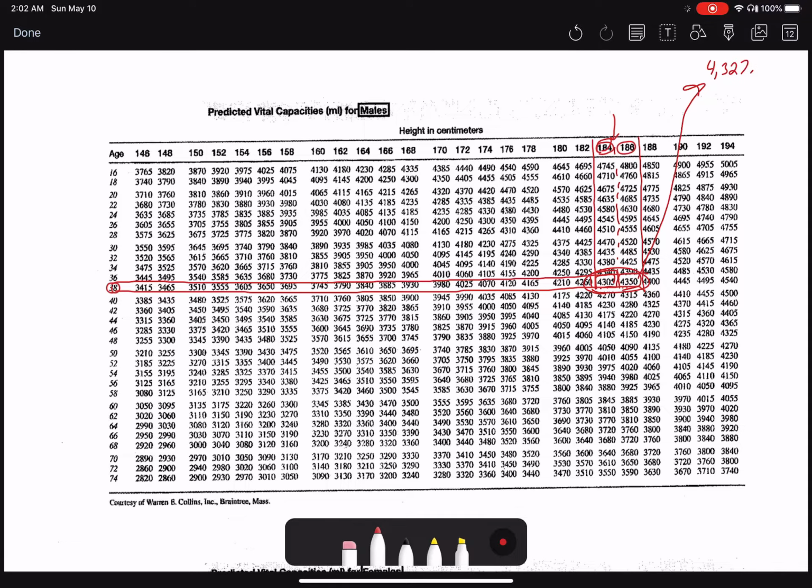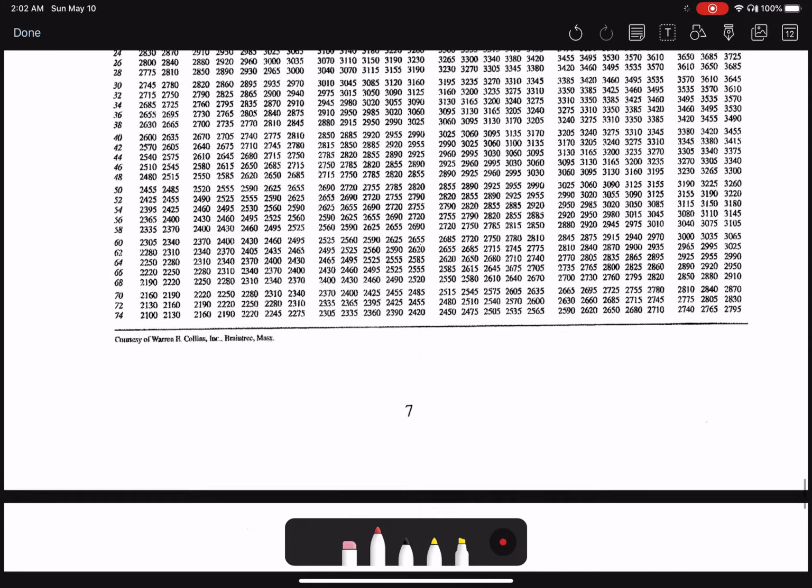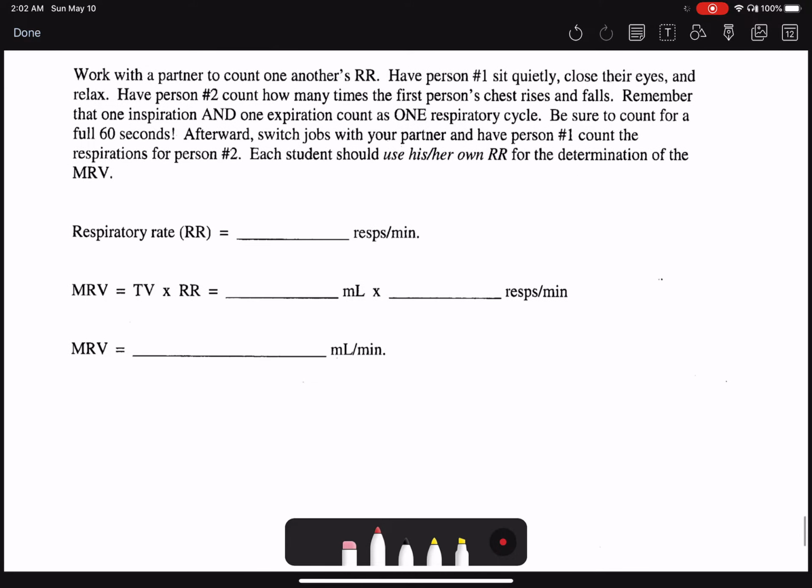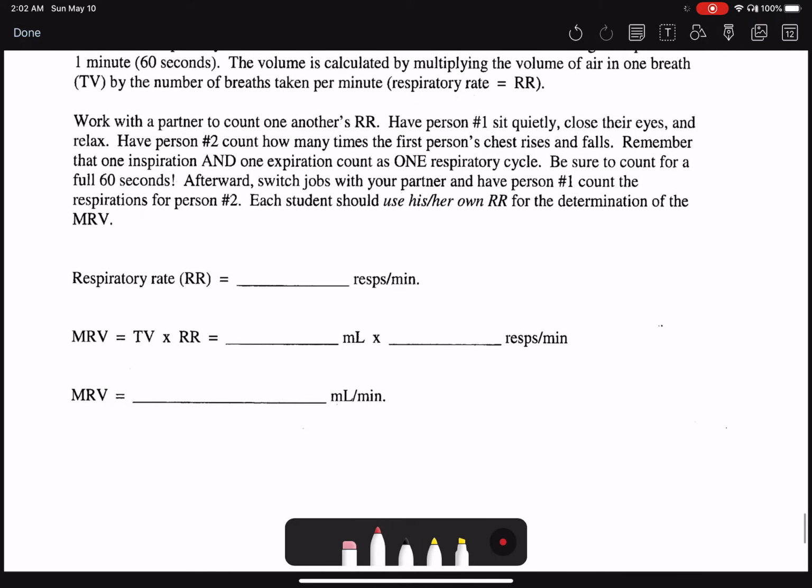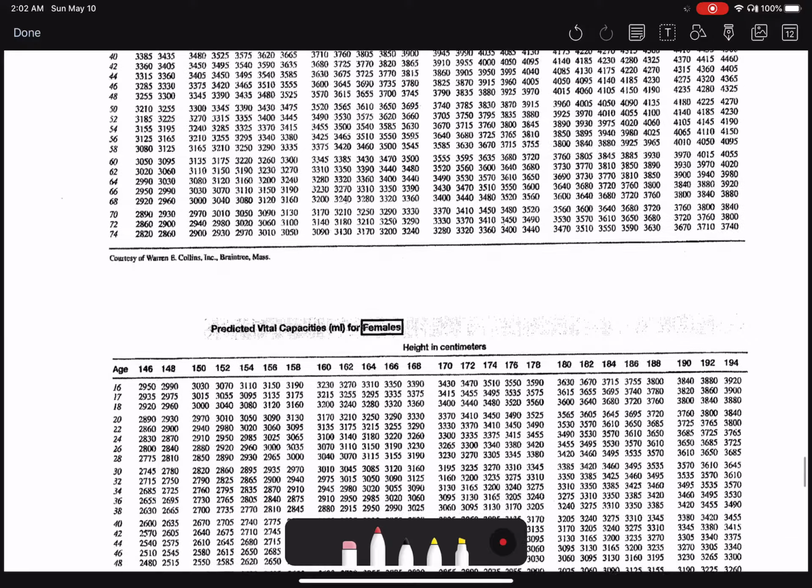So that's quite a ways off from the first method, which estimated my forced vital capacity at 5,000 milliliters. Now it's 4,327.5 milliliters. So in order to find the best estimate of my forced vital capacity, we're going to take the results from both of these methods.